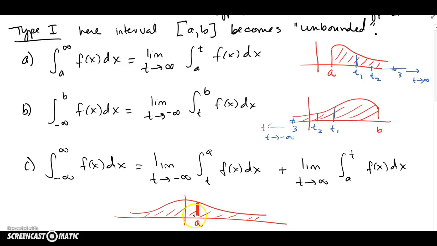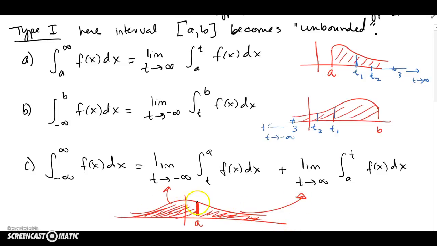So we analyze the region on the left, like part B, and we take the trouble point at the bottom, negative infinity, and replace that with t, with t going to negative infinity. And I also look at the right side, going from a to positive infinity, so a finite limit a all the way to t, and t going to positive infinity.